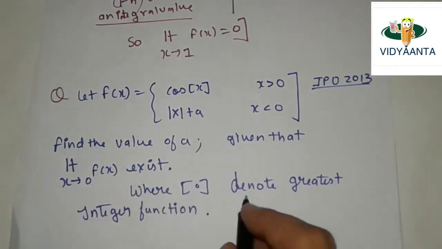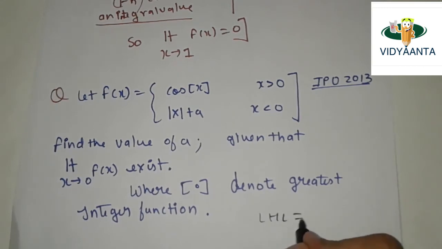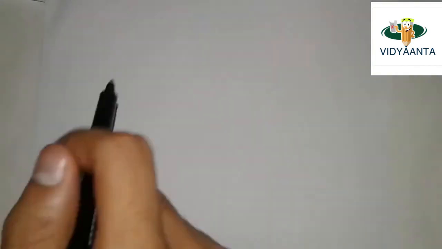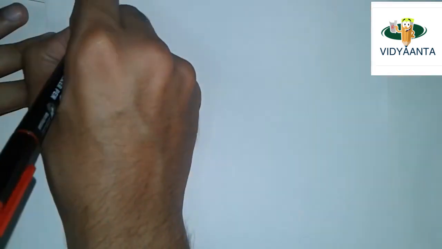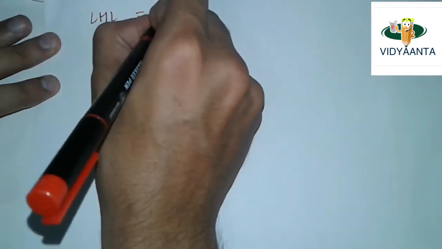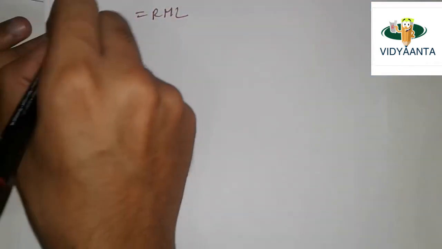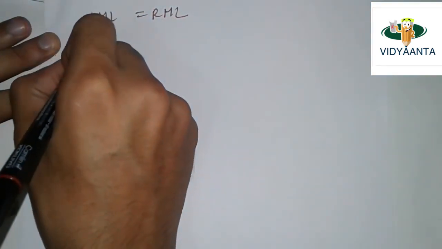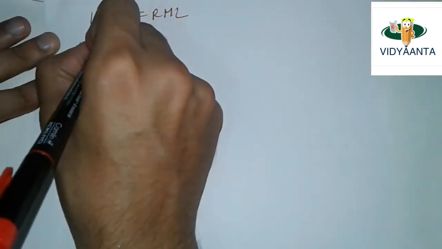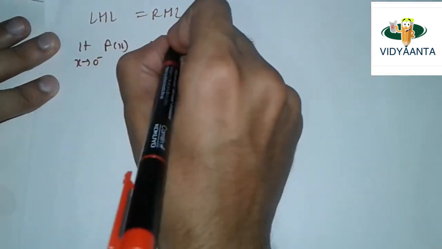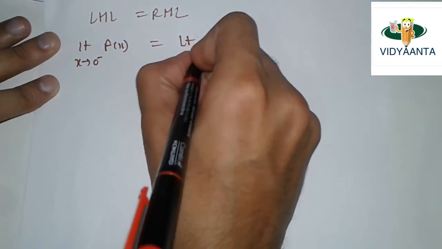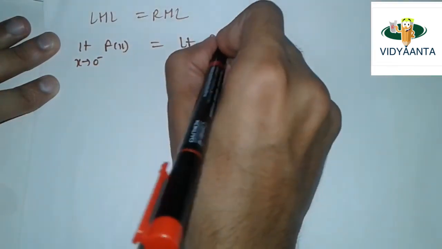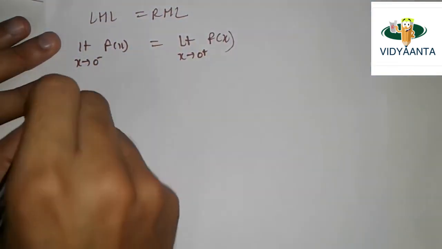It means left hand limit is equal to right hand limit. So by using this concept we will proceed. So as according to the given question, LHL is equal to RHL. It means limit x tends to 0 minus of f(x) must be equal to limit x tends to 0 plus of f(x). Okay, are you getting my point?